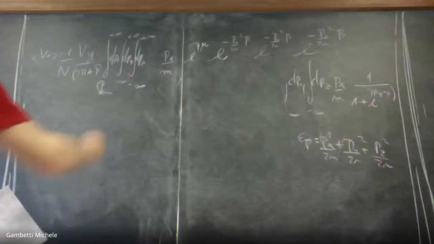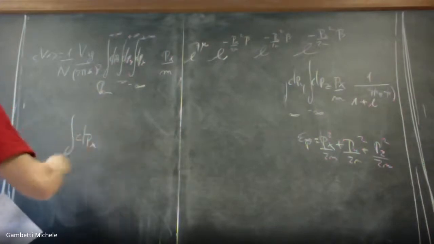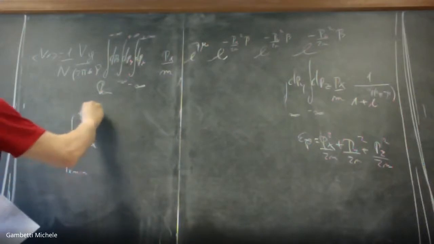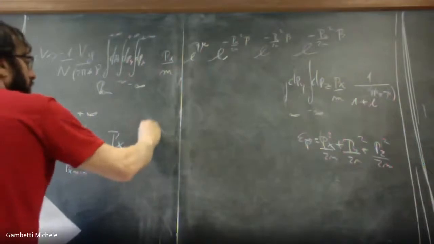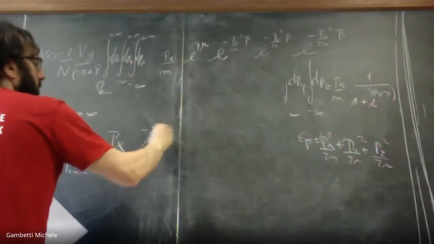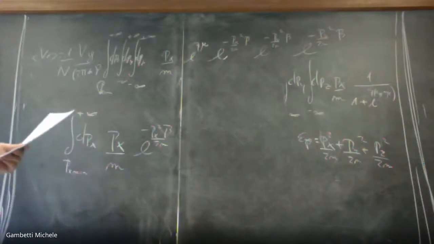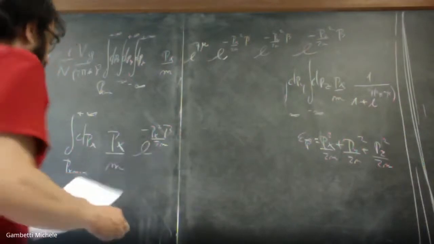Then what is left is this integral here, which is the only difference with respect to the typical case, in which you have px divided by m, and exponential of px squared beta divided by 2m, where this px minimum is provided by the condition that you have a kinetic energy which is larger than what we said before.